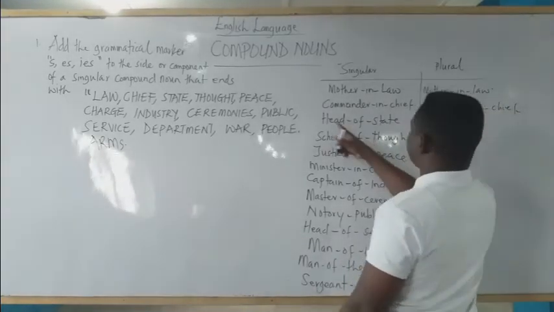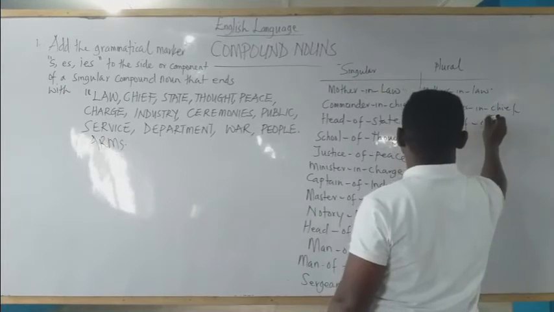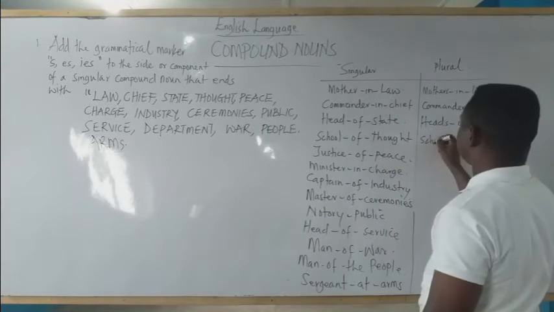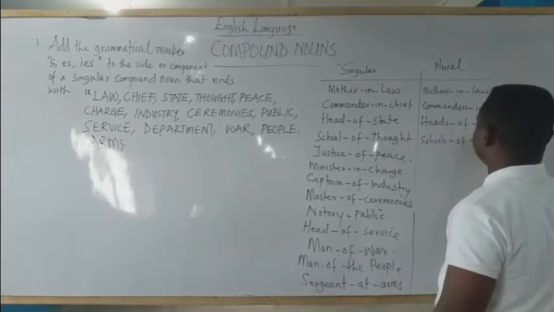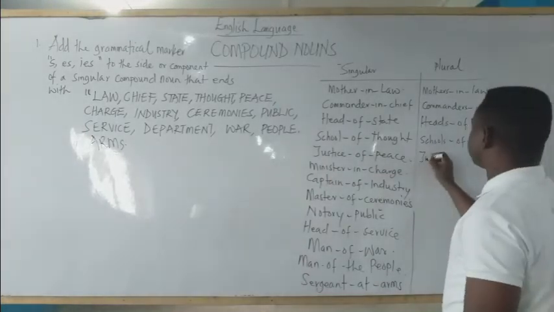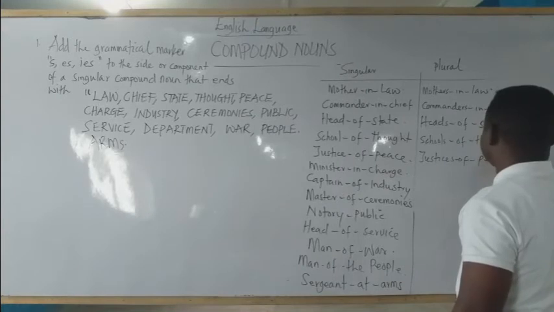Commanders-in-chief. This becomes what? Heads of state. This becomes what? Schools of thought. This becomes what? Justices of peace.